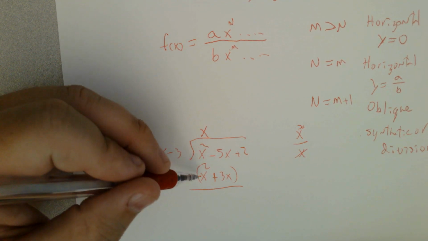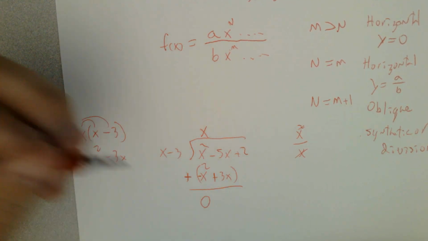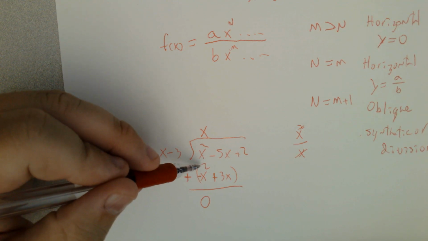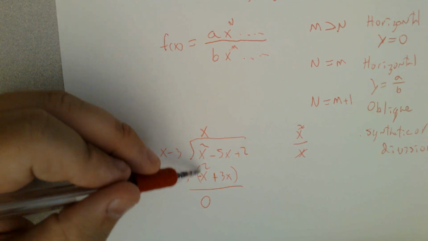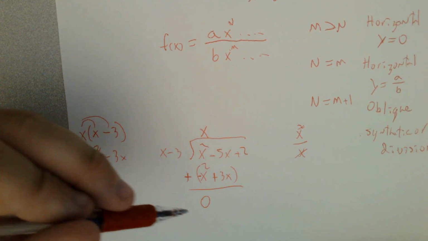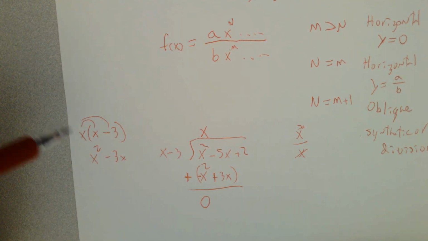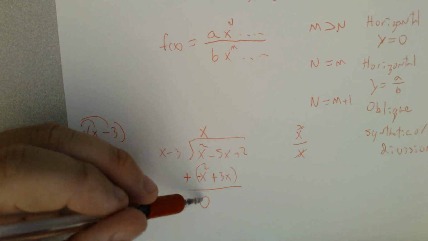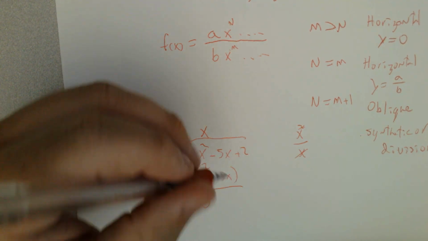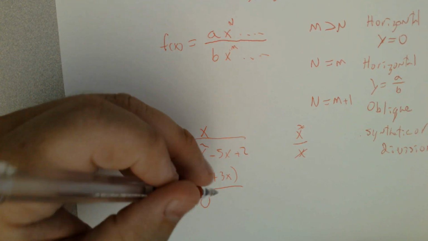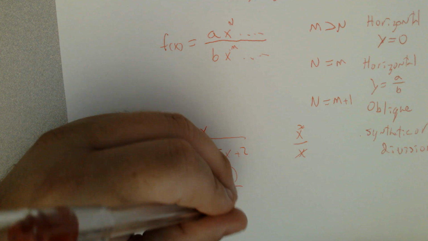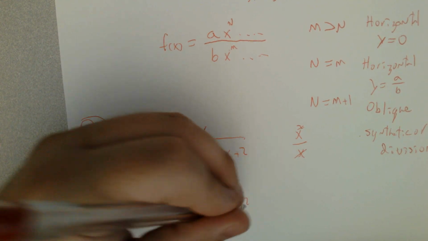So now x squared minus x squared gives me a 0. If when you do this, this first term does not come out to be 0, you've done something wrong and you need to start over, because the whole point of what we did is to zero out that term in particular. So negative 5x plus 3x gives us a negative 2x. We can bring down this plus 2.